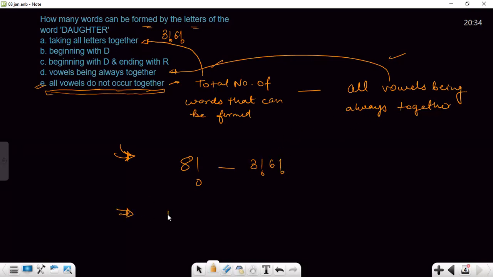Now let's solve them. 8 factorial is 40,320, minus 3 factorial into 6 factorial, which is 6 into 720, that is 4,320. So 40,320 minus 4,320. 0 minus 0, 0; 2 minus 2, 0; 3 minus 3, 0; 40 minus 4, 36.